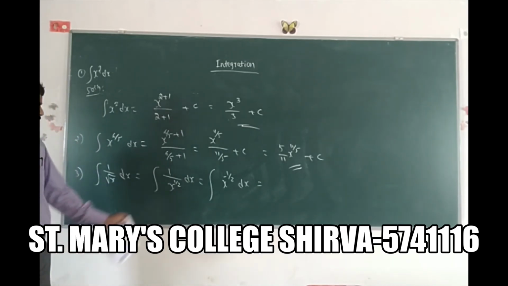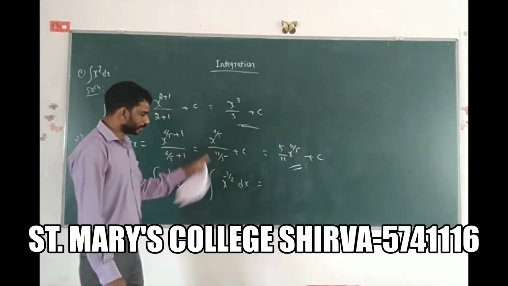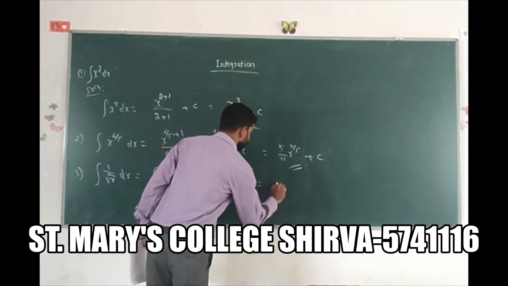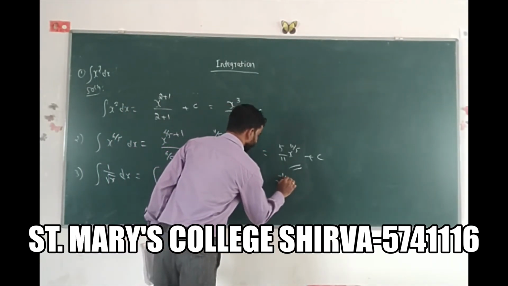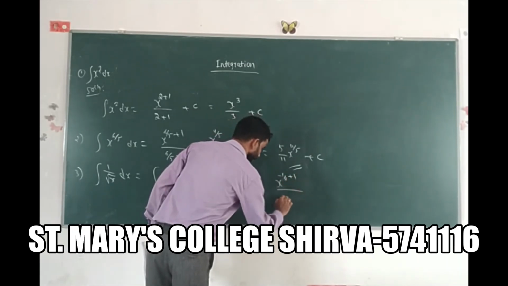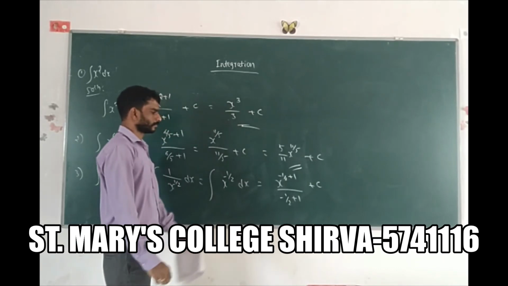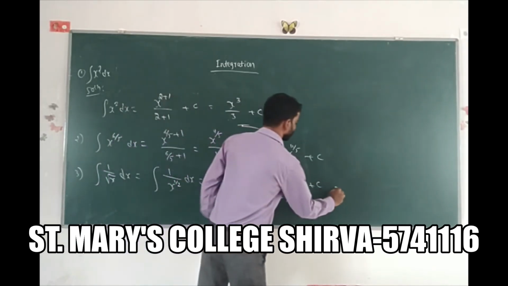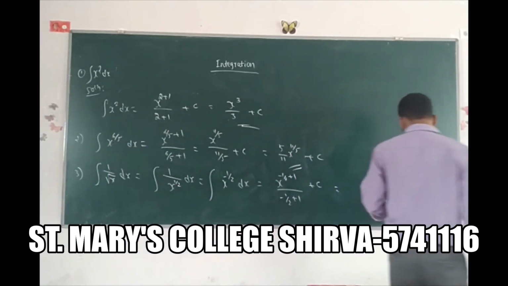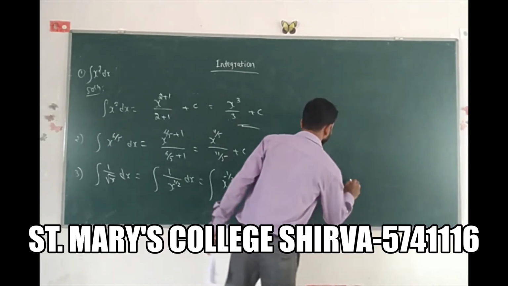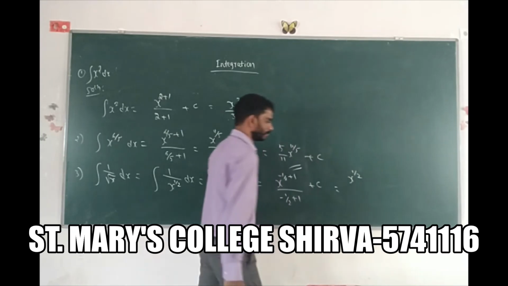Since x power half is in the denominator, it becomes minus half. Now apply the integration rule: x power minus half plus 1 divided by minus 1 by 2 plus 1, plus c constant. Minus half plus 1 gives x power 1 by 2.